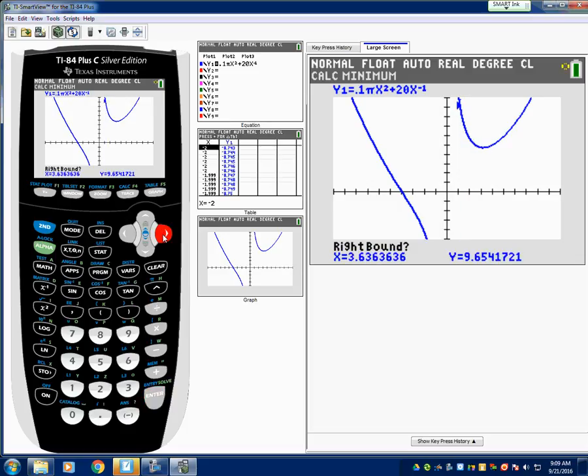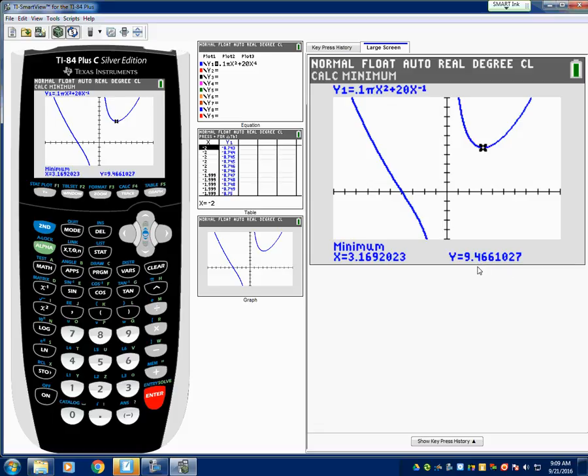Right bound, maybe somewhere around 4. And give it a guess. And the output it's giving us, the x value is the radius that minimizes the cost. And the y value is not really the y value, it's the cost per can in cents.